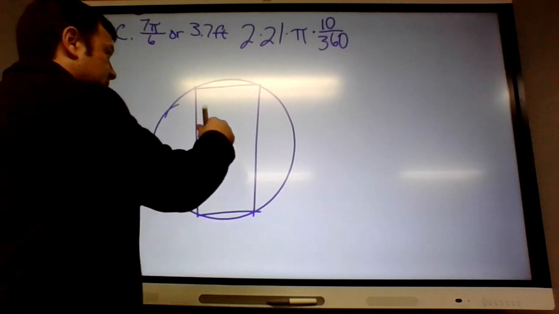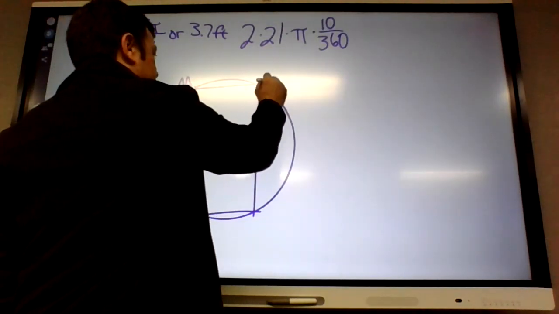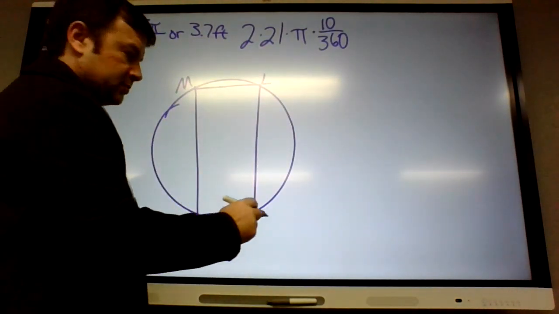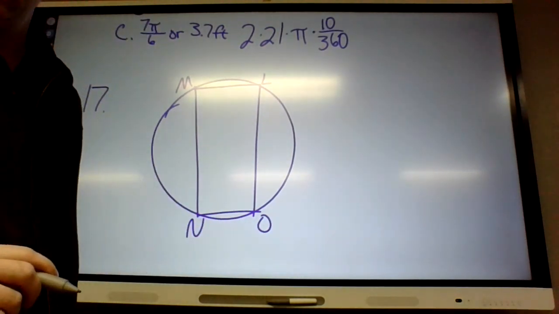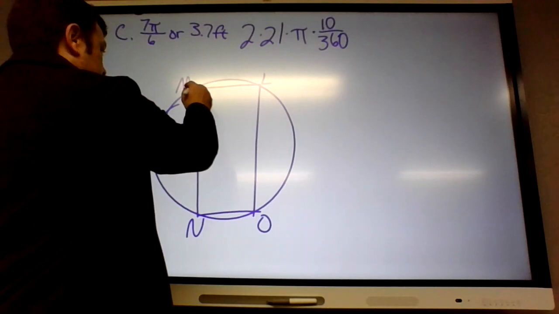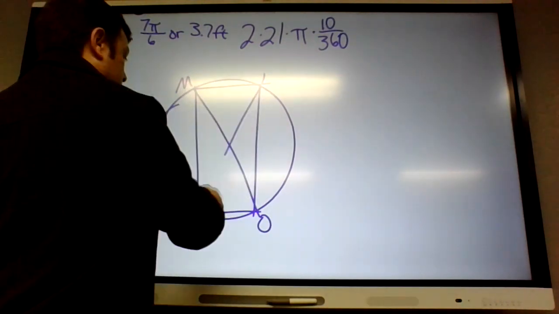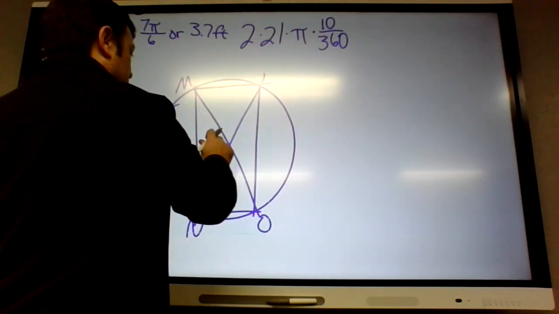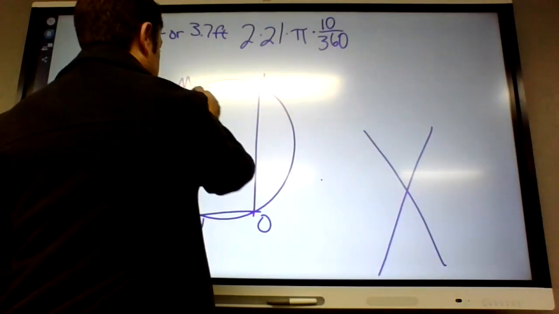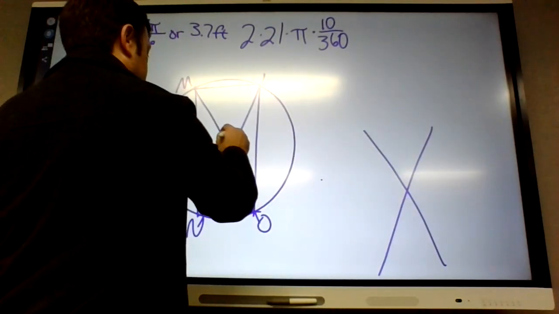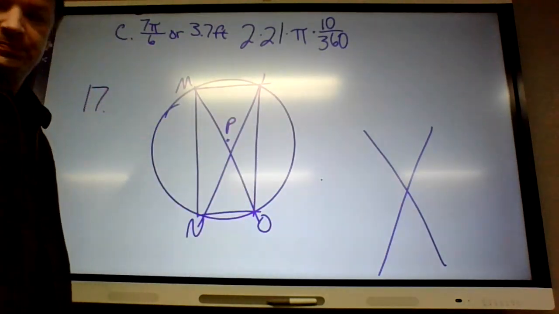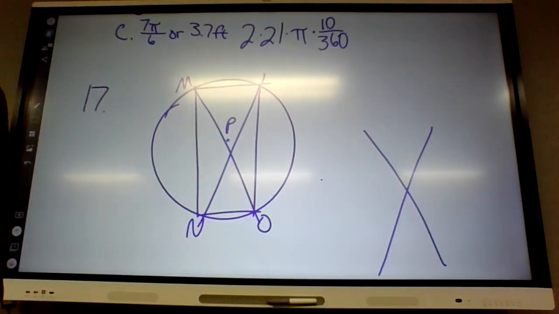Maybe I made it too skinny. Well, that doesn't look quite right. Try again. Yeah, that's close enough. P is not on that point.